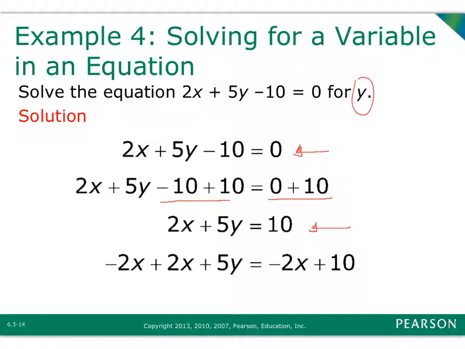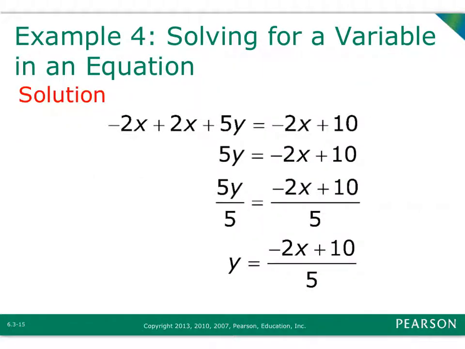Now, since we're solving for y, we're going to move the 2x to the right side of the equation. To do that, we subtract 2x from both sides of the equation. Now we'll go to the next page. So because we've taken 2x from both sides of the equation, we now have 5y is equal to negative 2x plus 10.